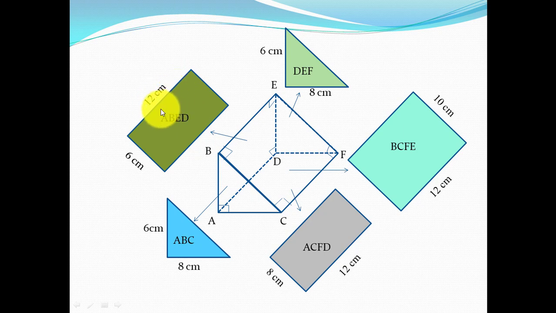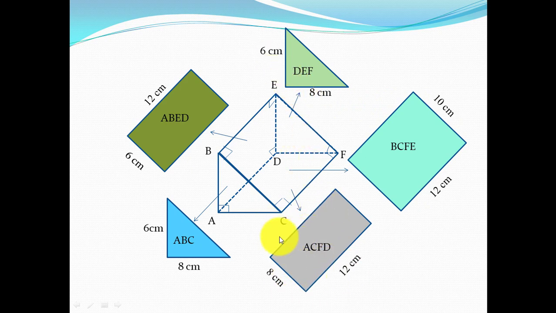This is a rectangle, so we know that length into width, 12 multiplied by 6. This is a triangle. We know that half of 6 multiplied by 8 is its area. 12 multiplied by 8. It is also a rectangle. Its area will be found as 12 multiplied by 10 and 8 multiplied by 6.